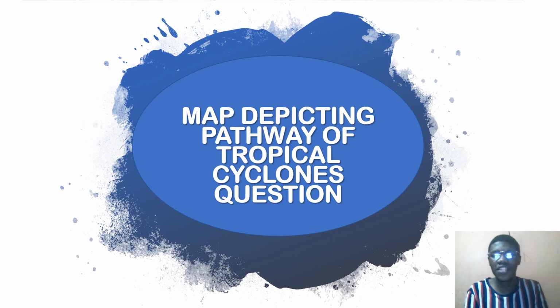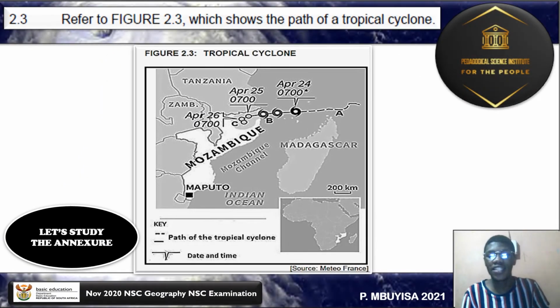The first set of questions that we will be looking at is a map kind of question. It's a map depicting the pathway of a tropical cyclone. This is an extract from the November 2020 NSC Geography examination.